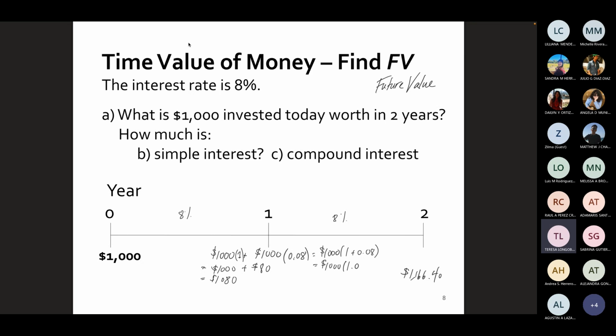I can also write that like this. So this is how I'm going to show that it grows or accumulates. So this is called the accumulation factor.